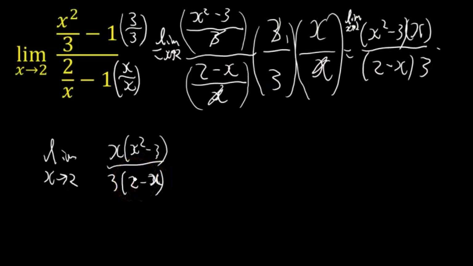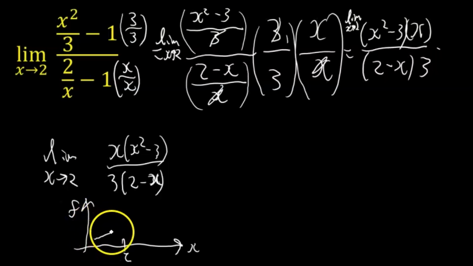So we want to look at the behavior as x goes to 2 from the left and from the right. So here's our graph here. Here's x. Here's our function. Now, as we approach 2 from the left-hand side, say from the negative side, x is less than 2. If x is less than 2, this is positive.